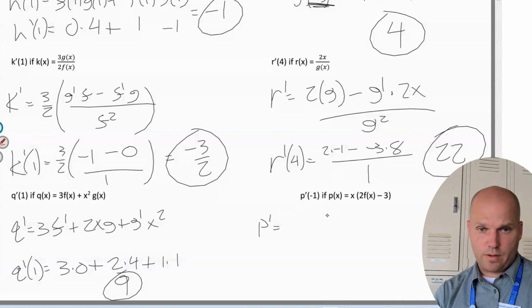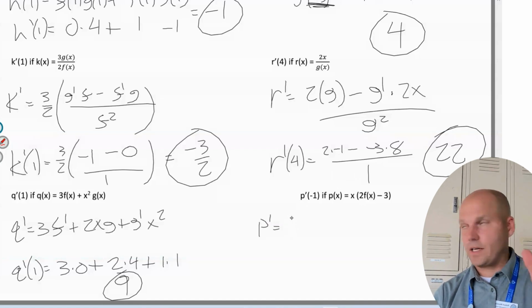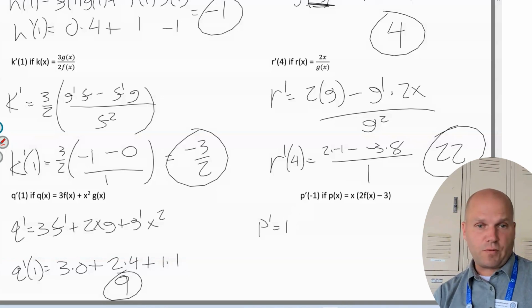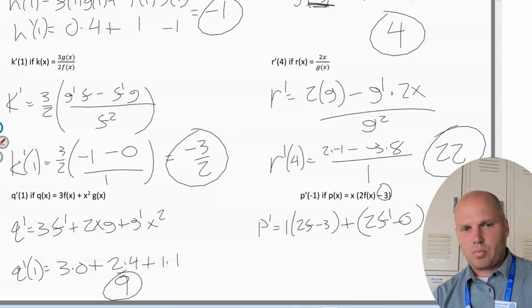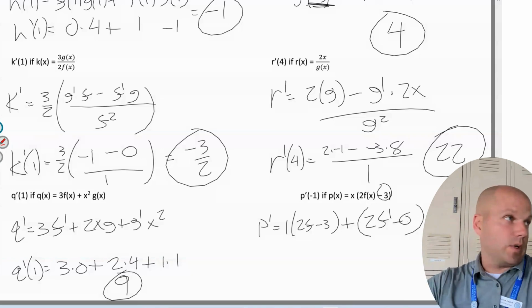Distribute the x if you want. Slopes of the first times the second plus the slopes of the second times the first. Putting that minus 0 in because minus 3 slopes are minus 0 times the first. Plugging in -1 everywhere, you get an answer. If you skip this one, I don't care.